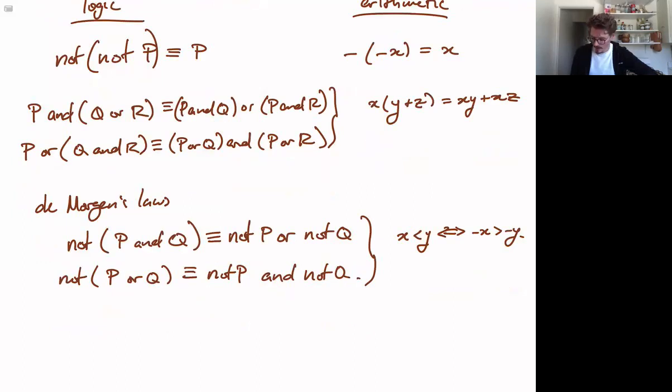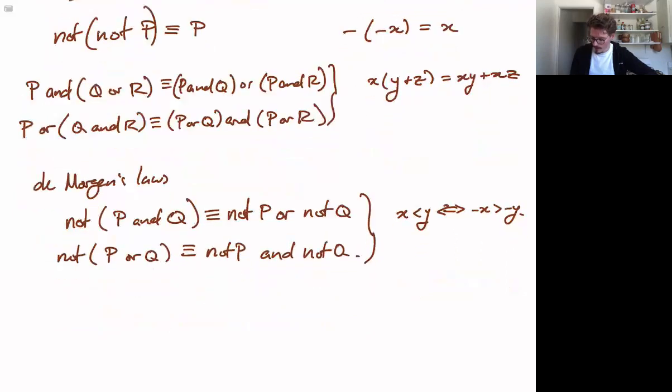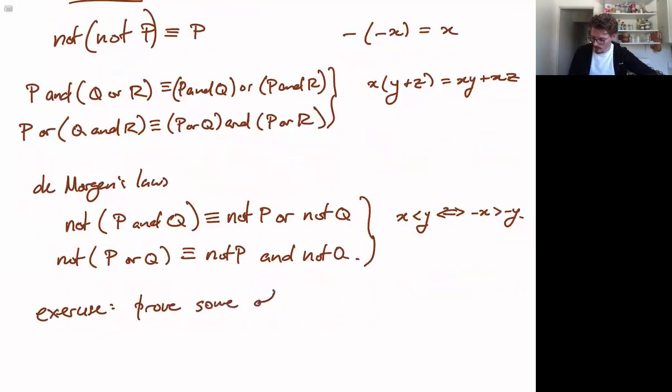So let me recommend another exercise. Try to prove some of these. Again, a simple way to prove these things is just to write down the truth table and observe that they're exactly the same.